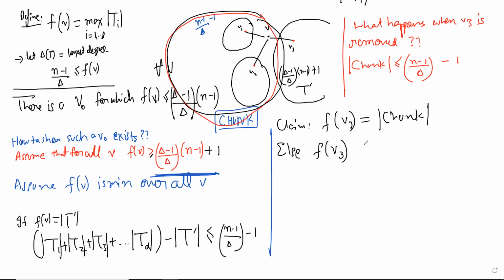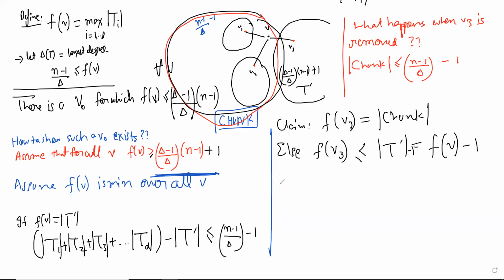Else f of v3 is less than or equal to the size of t dash, which is equal to the size of fv minus 1. Is this clear? Because this is the t dash and one vertex v3 is already getting used, right?